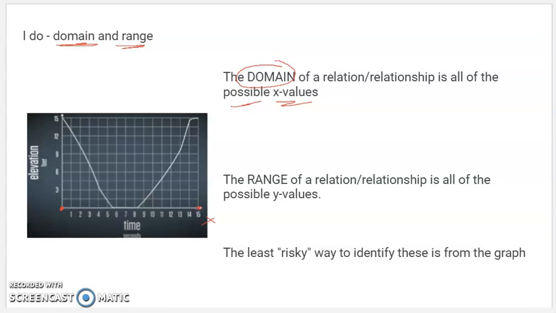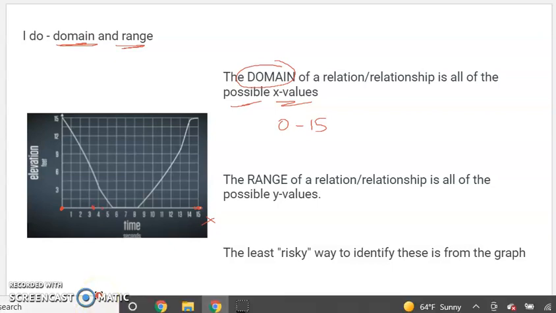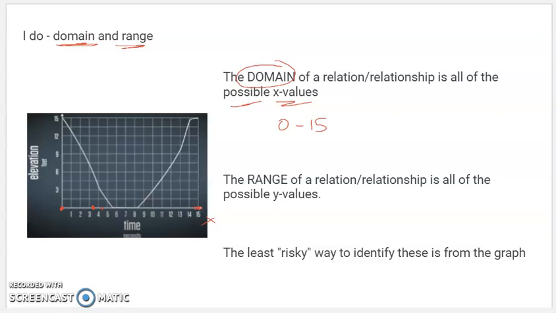We would just say the domain of this function is 0 to 15. Not even just the integers, because again, we wouldn't say 1 second, 2, 3, 4, 5. We can look at what's happening in between at, say, 3.5 seconds or 4.2 seconds or something like that. So just all the x values that are possible in the situation. So here, it's everything between 0 and 15 seconds. That's called the domain. I'll say 0 to 15 seconds.